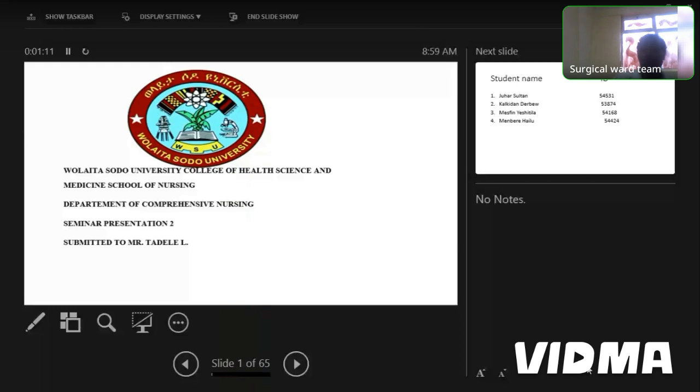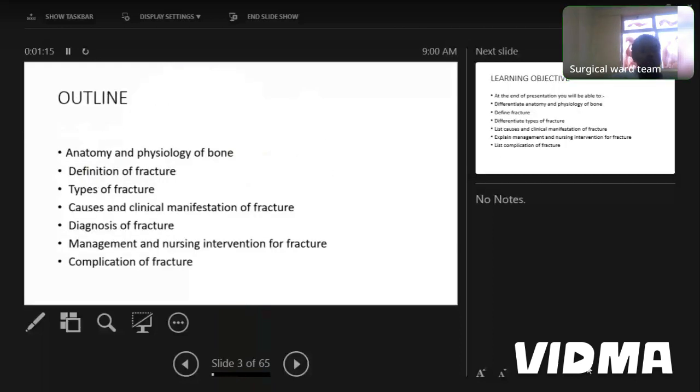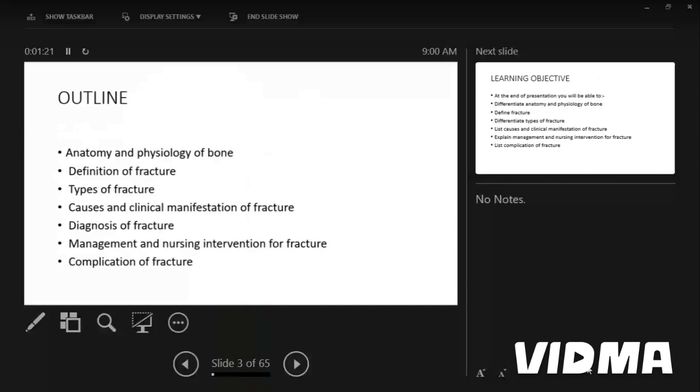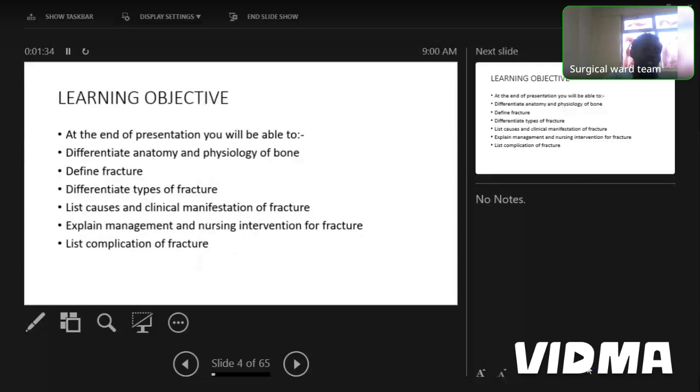When we start from our topic, our title, our outline is anatomy, definition of fracture, types of fracture, cause and clinical manifestation of fracture, diagnosis of fracture, management and nursing intervention for fracture, complication of fracture, and also our learning objectives.